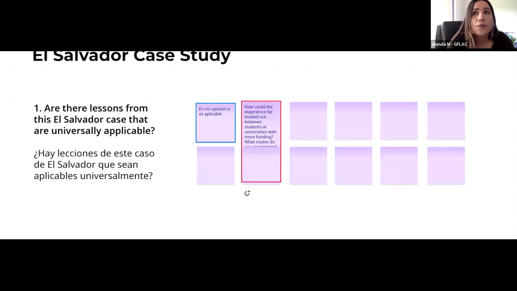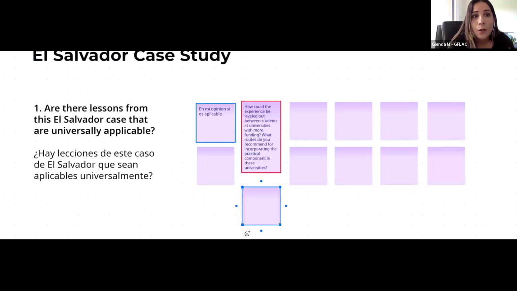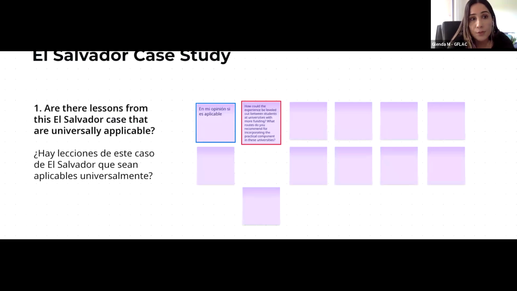So they have applied those real life challenges in the curricula and the programs when the students are in their courses.